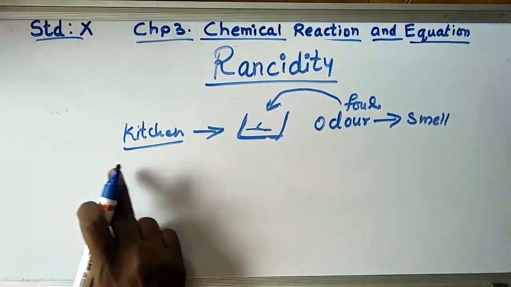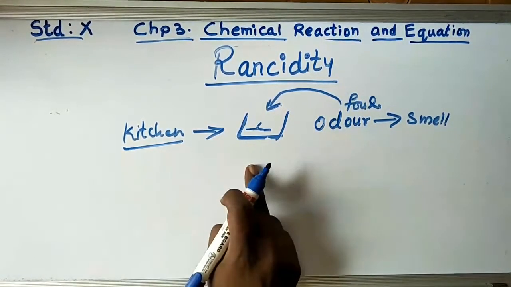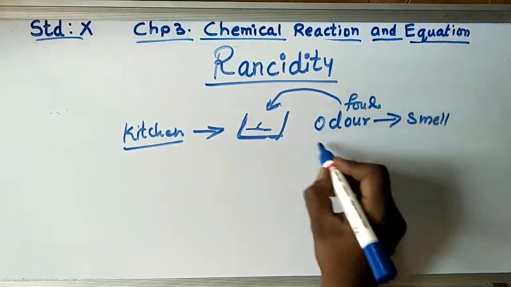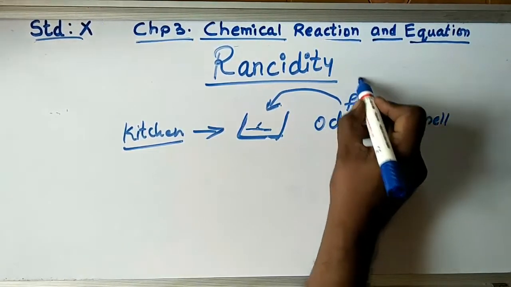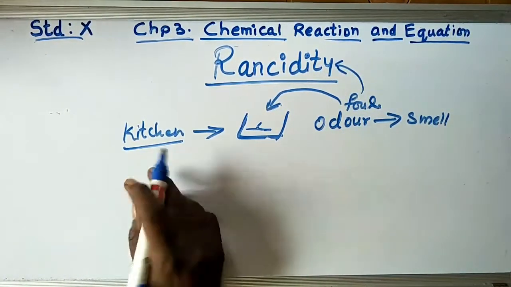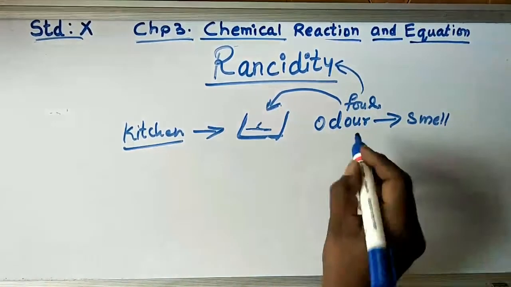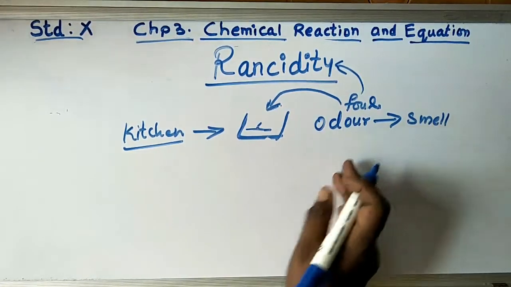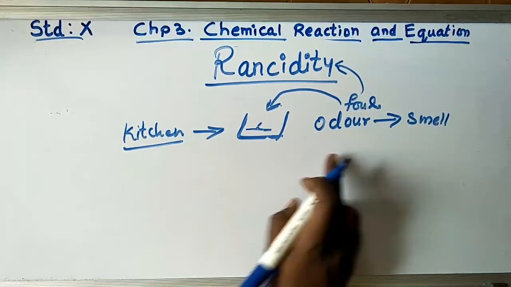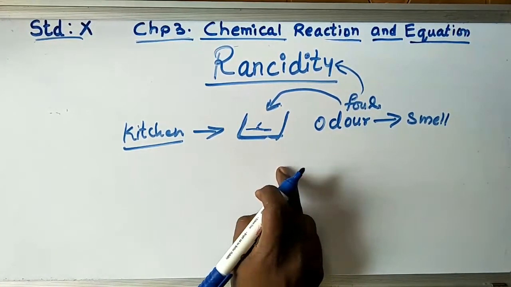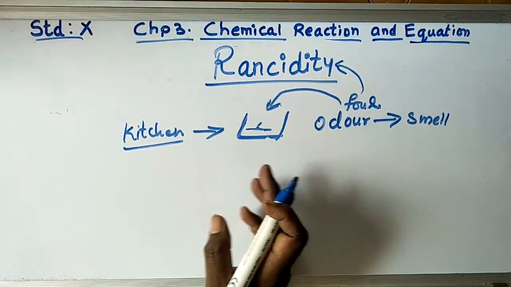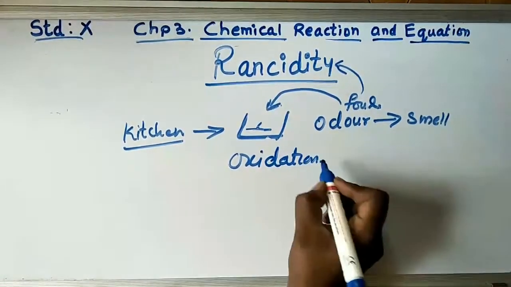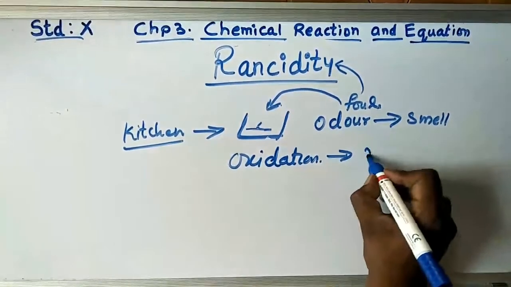When we use old leftover cooking oil for making foodstuff, it is found to have a foul odor, and this foul odor we call rancidity. If we cook the food in such oil, its taste also changes. When oil or ghee is left aside for a long time, it undergoes oxidation and becomes rancid.